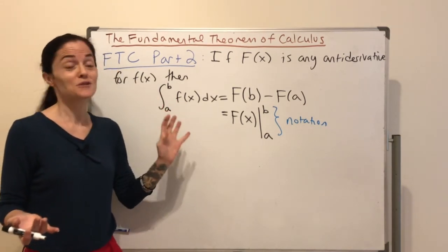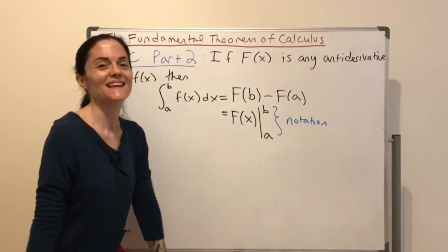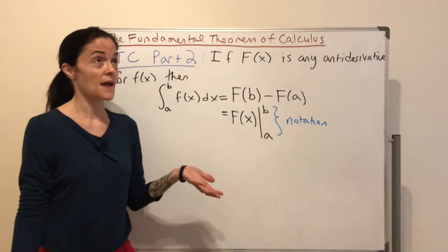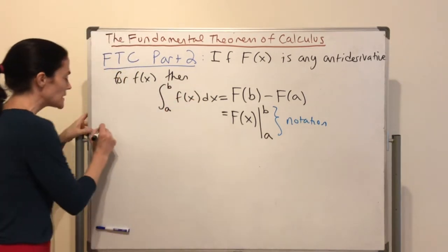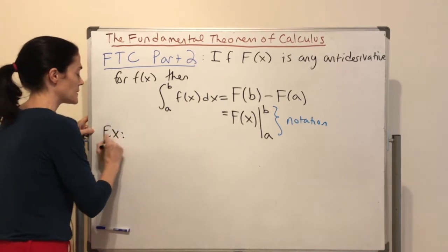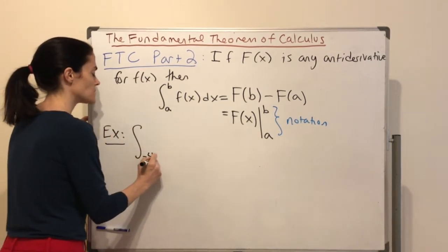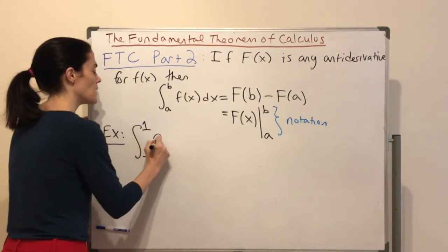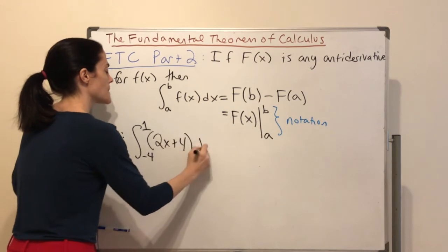Maybe if you're interested in seeing how it follows from Part 1, stay until the very end of the video and I'll go over it then. But what we really want to do is be able to use this. So let's do an integral that we did last time using areas. Let's see, we went from minus 4 to 1 of 2x plus 4 dx.